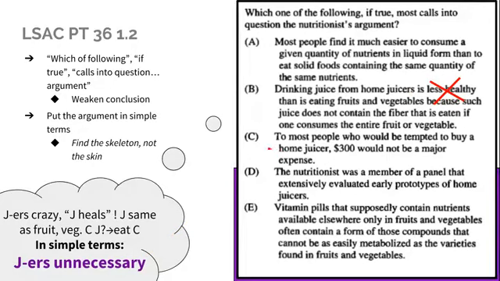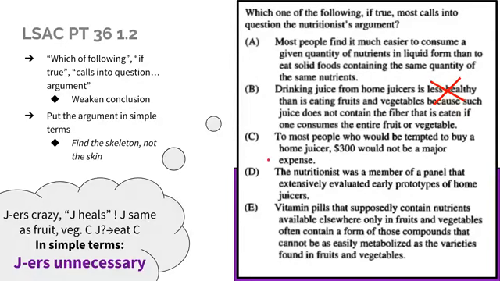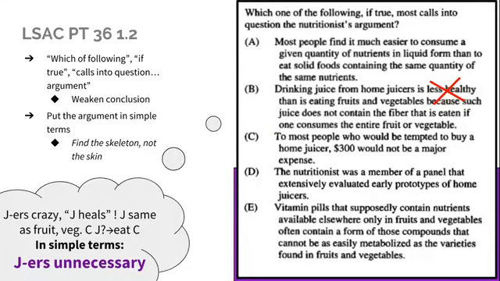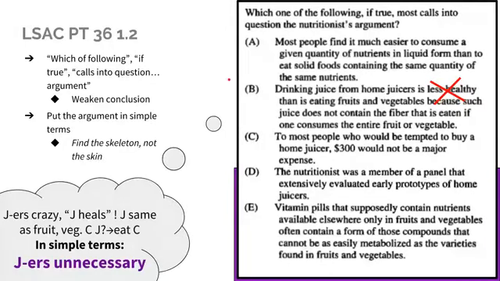C: To most people who would be tempted to buy a home juicer, $300 is not a major expense. Be careful of this kind of answer. This is just introducing some new information that sort of makes the juicers look good. But if we remind ourselves of the task, we're looking to weaken the conclusion, and we know that this does not do that, so we can cross it off.